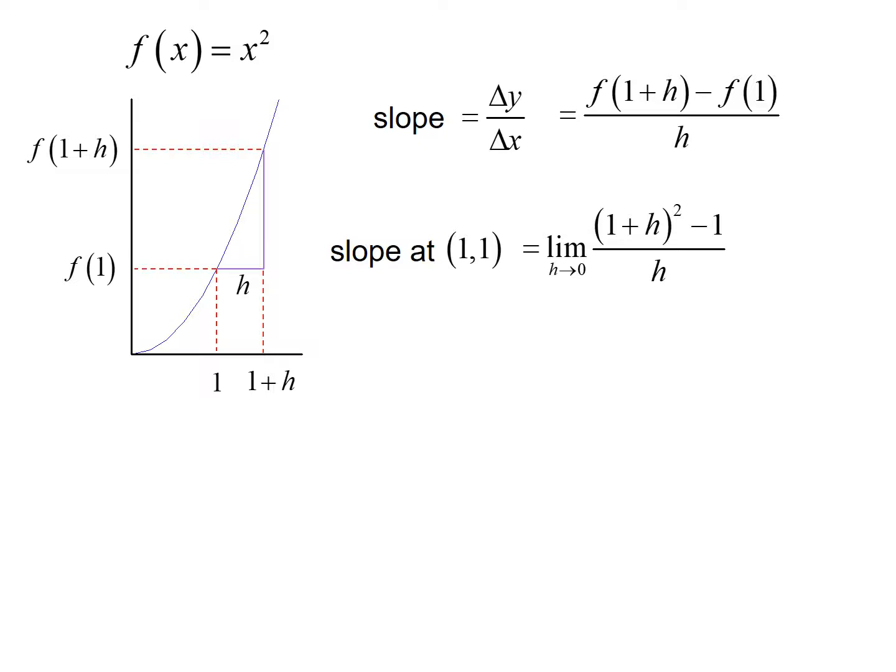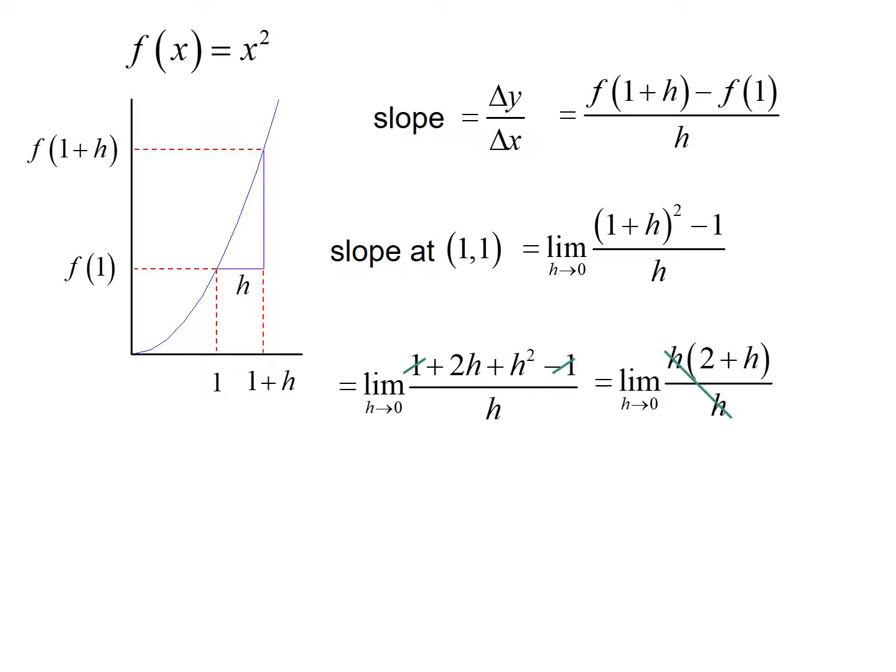And we can make this exact by using a limit. So limit as h goes to 0, we plug 1 plus h into x squared, we plug 1 into x squared, and we simplify this algebraically, cancel the h's. Now we can evaluate the limit, and we've proven now that at the point (1, 1), the curve has a slope of 2.